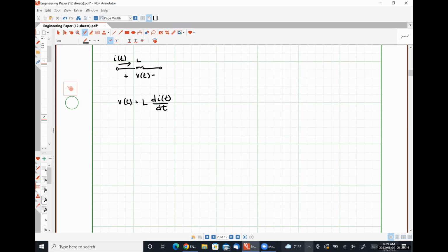Okay, so this would look like Vm e^(j(omega t plus theta v)) is equal to L times the derivative with respect to time of Im e^(j(omega t plus theta I)).